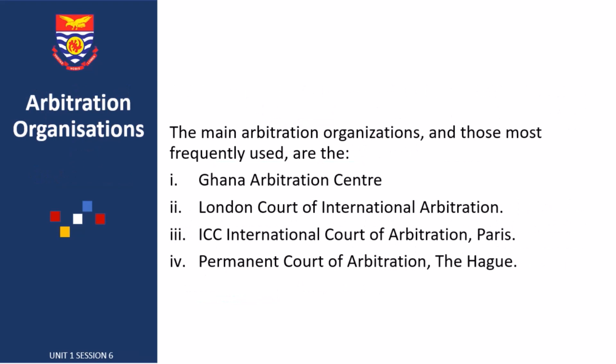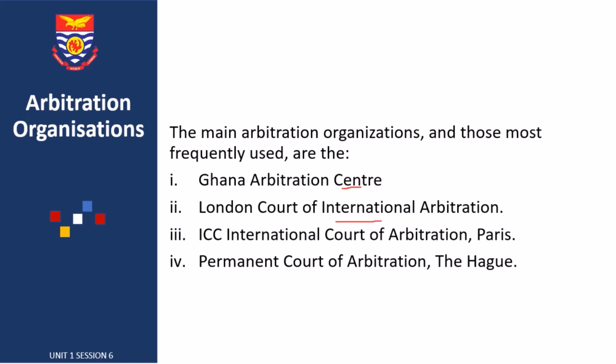You should also understand that there are arbitration organizations in Ghana that we often make reference to, or outside Ghana. We have the Ghana Arbitration Center as one. That's the one we have in Ghana. Then we have the London Court of International Arbitration.